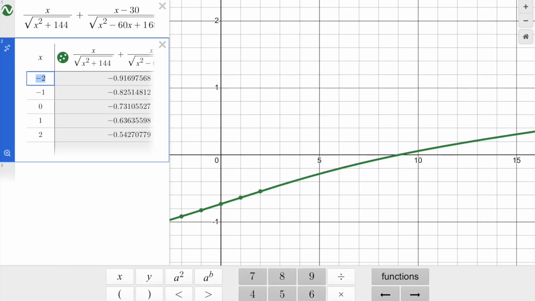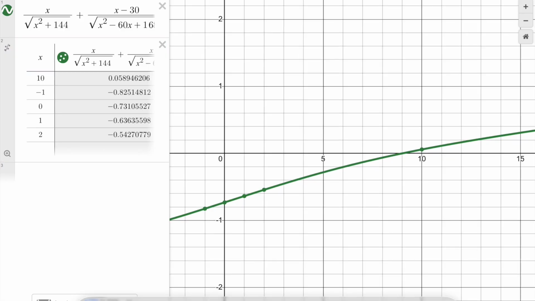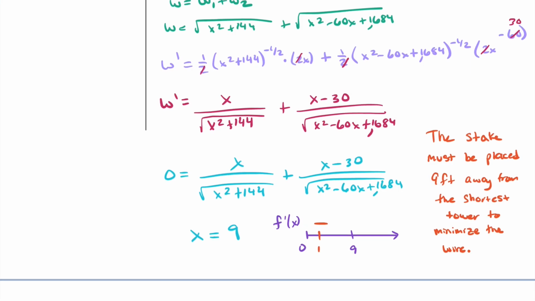We notice that, what is it, 9? So let's do 7, 8, 9, 10. 10 ends up yielding finally a positive for us. It's very slightly positive. Again, you would use your calculator to figure that out. 10, 11, 12, they all yield positives. So we would know that we have a negative and a positive, meaning that 9 is a minimum.